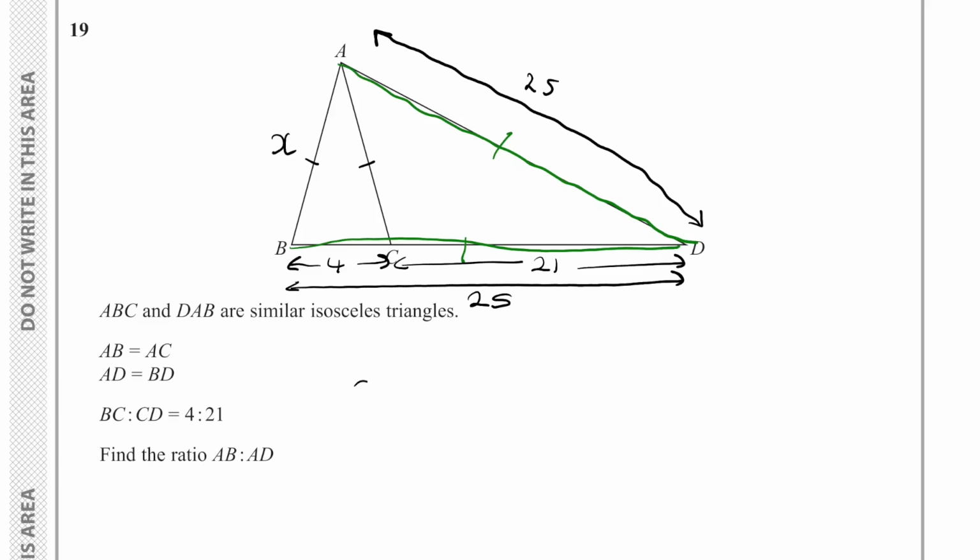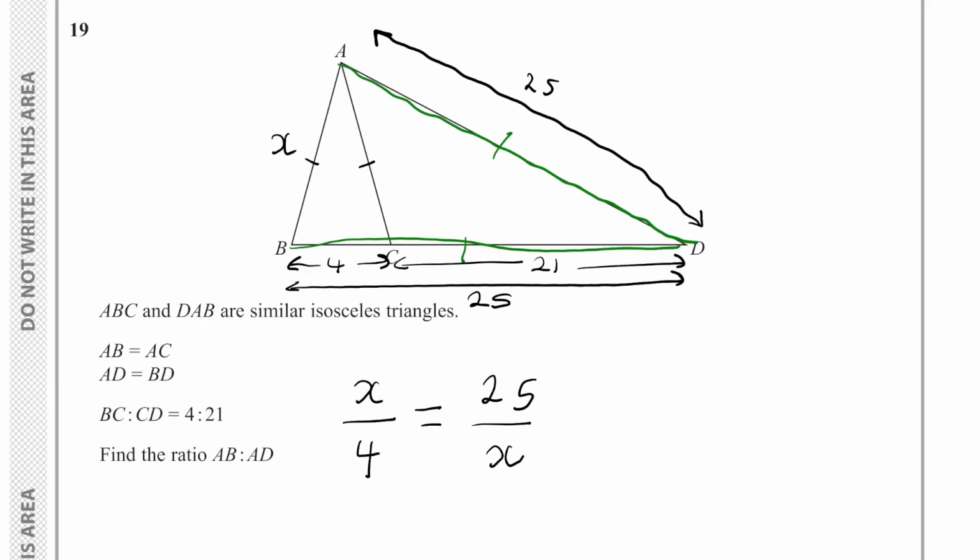So our x, our A to B, divided by 4, so the big length over the small length on the small triangle, must be the same as the big length divided by the small length on the big triangle. So we have an equation now.